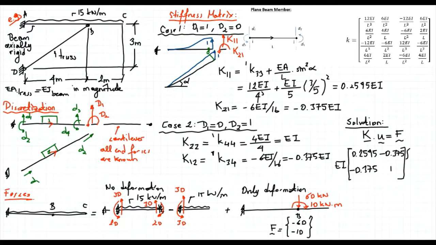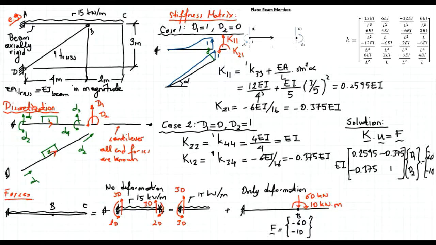I have D1 and D2, which should be equal to the force vector, minus 60 and minus 10. Let me write this one more time. So this should be minus 60.